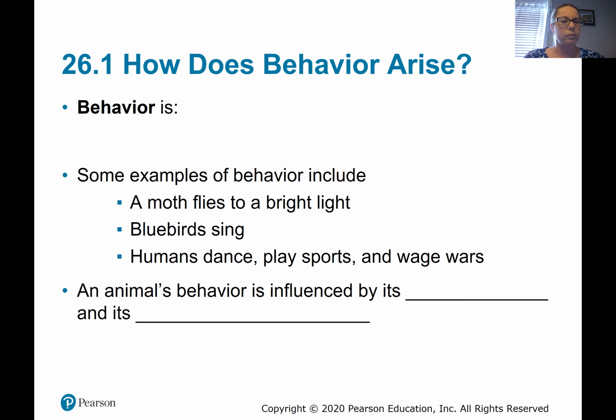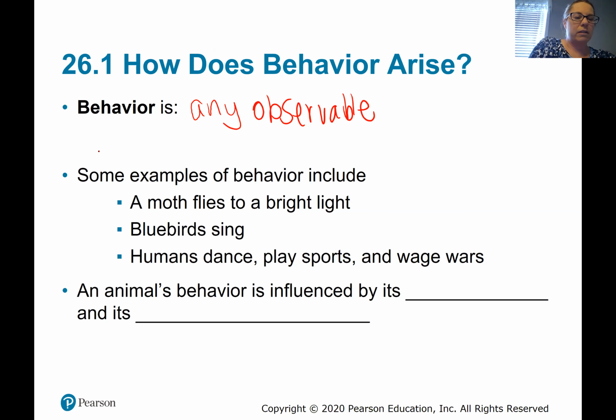First of all, we're in chapter 26, and we're going to start off talking about what behavior is. I think you probably understand what behavior is, but might have a little more difficult time putting it into words. According to our textbook, behavior is defined as any observable activity of a living animal.